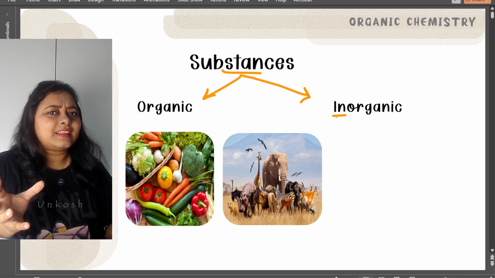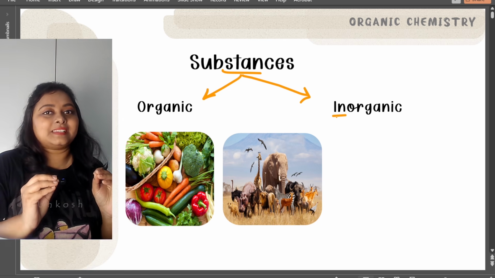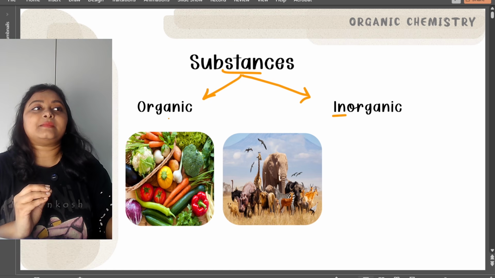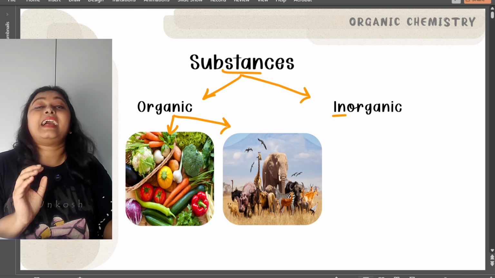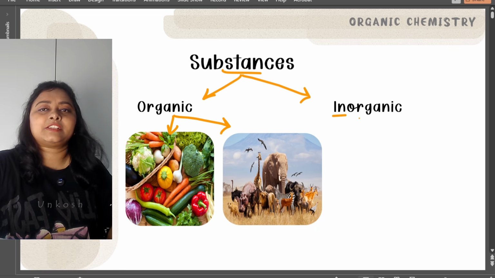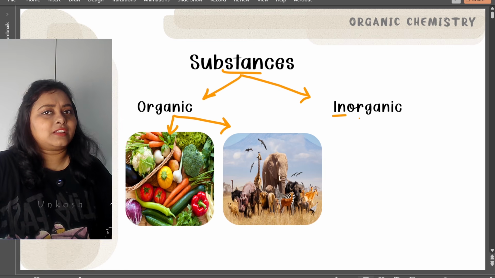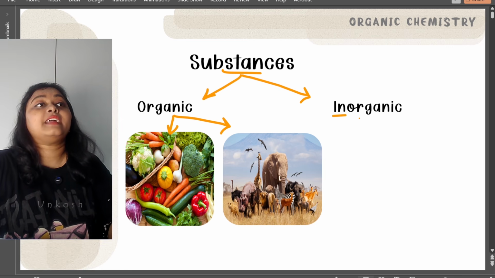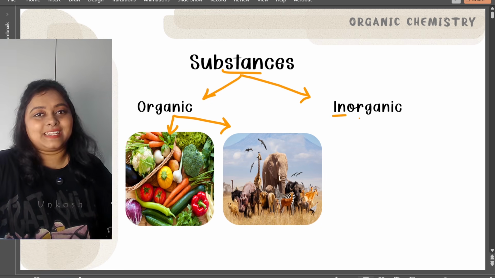Why do we categorize them this way? It is because of the sources from which these substances are derived. Organic substances are derived either from a plant source or an animal source. And inorganic substances exist in nature, specifically speaking about Earth. They are existing materials on Earth which are utilized by animals and plants to create more and more organic substances.